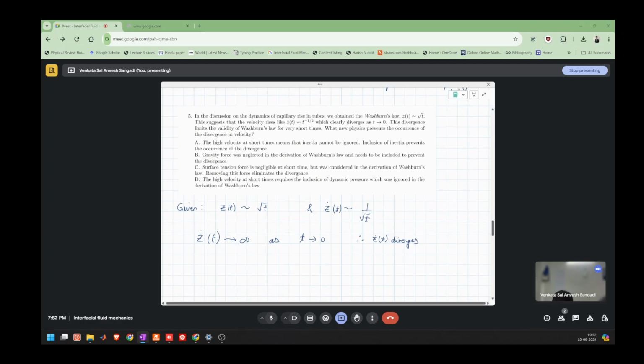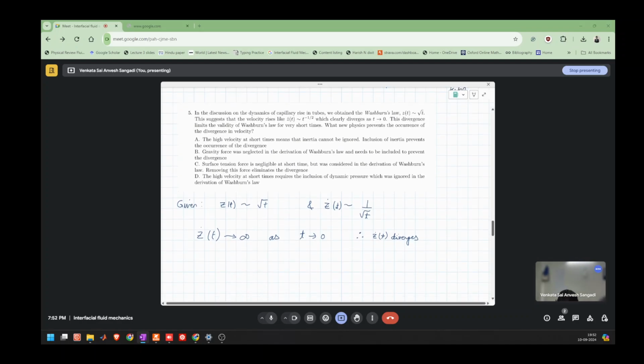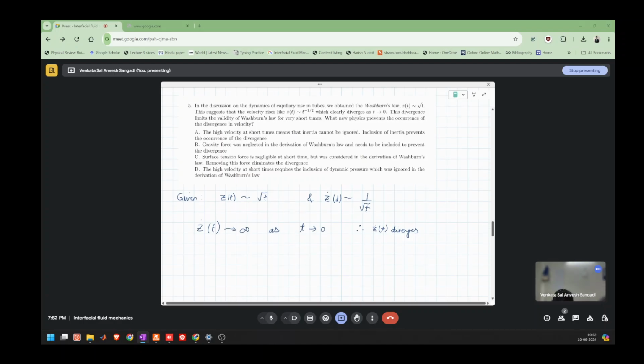The divergence limits the validity of Washburn's law for very short times.